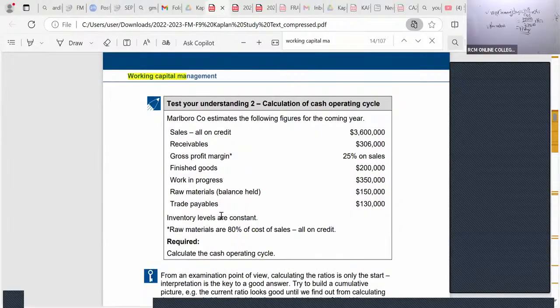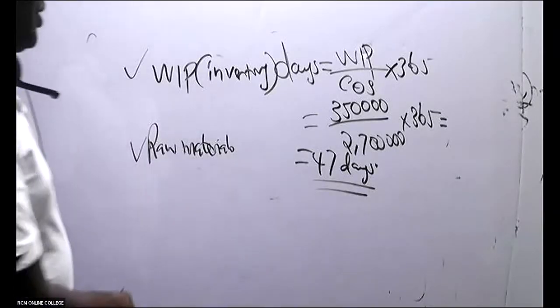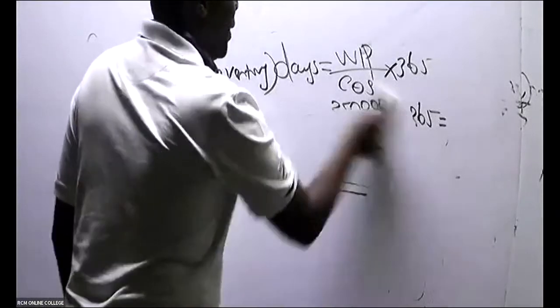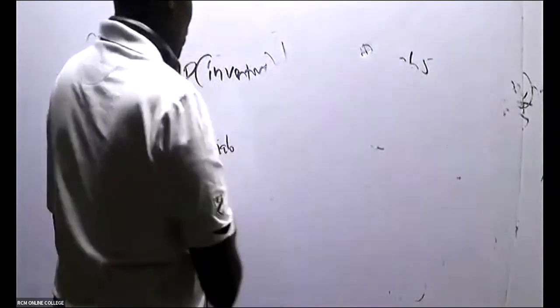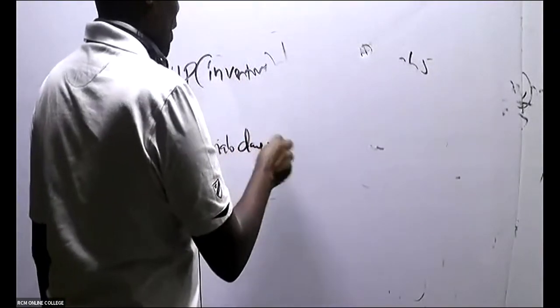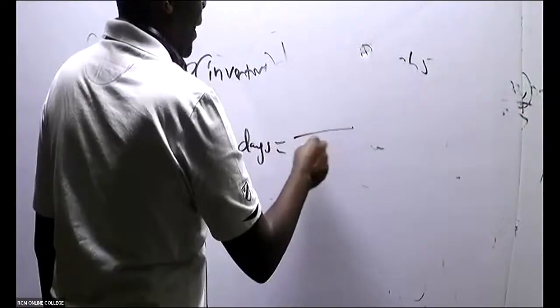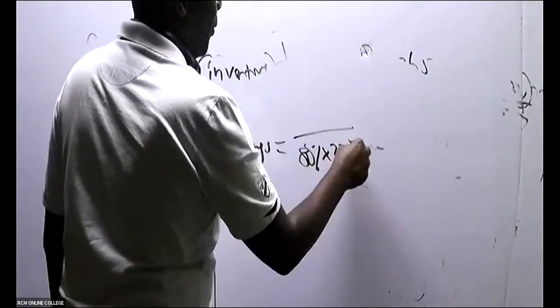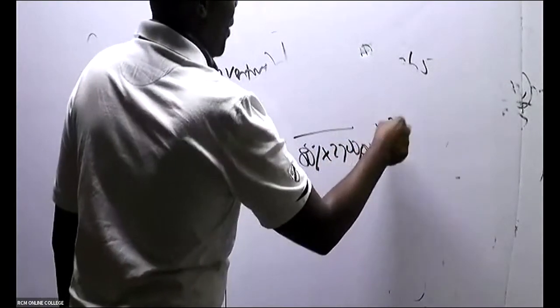It's part of inventory, fine, but in this case we have 80% of cost of sales. So then raw material days will be whatever over 80% of the 2.7 million times 365.